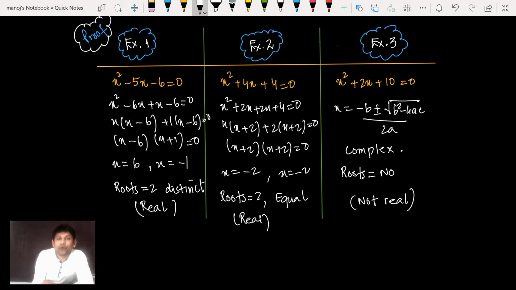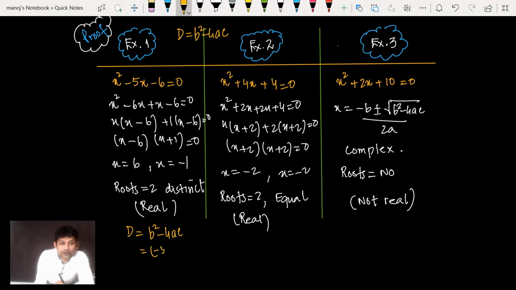Now, what I can do, I have discussed with you. I am using this discriminant formula, D equals b square minus 4ac. What is b? b is here minus 5.